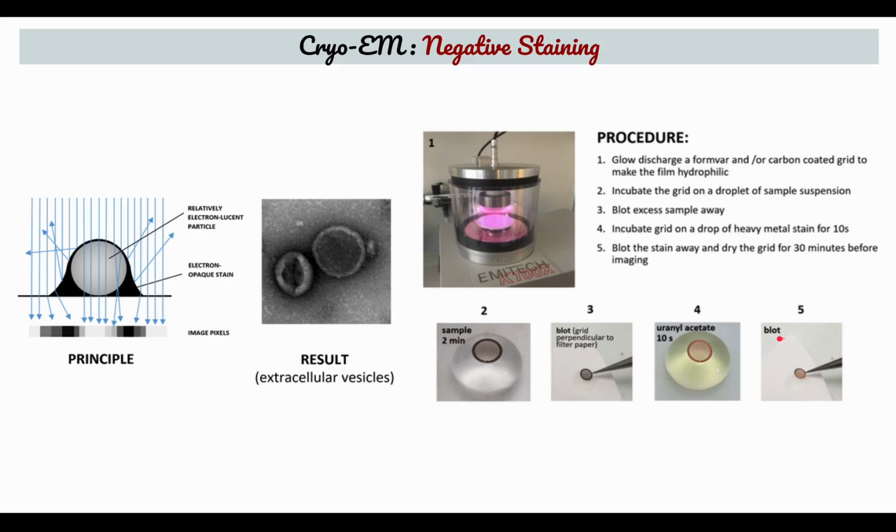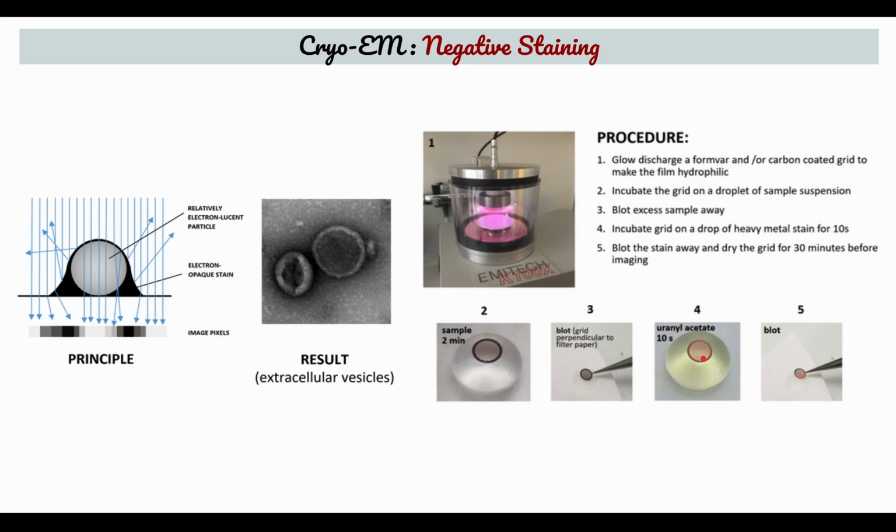Blot is a term we have also seen a lot of times when we say western blotting, northern blotting, southern blotting. Blotting means when there is some interaction between two different atoms or two different biomolecules, that is known as blotting.